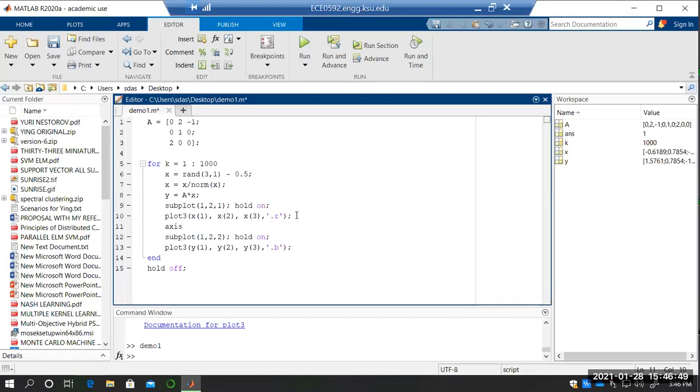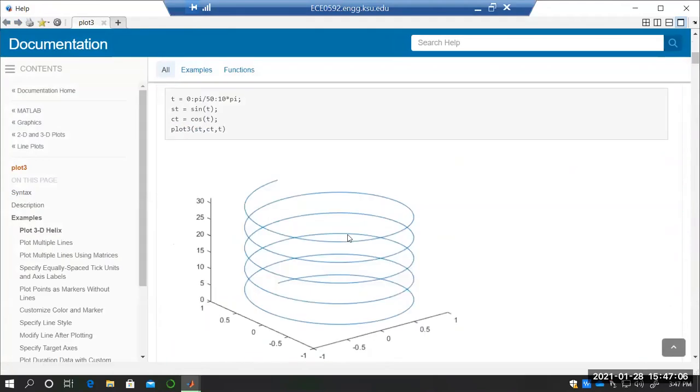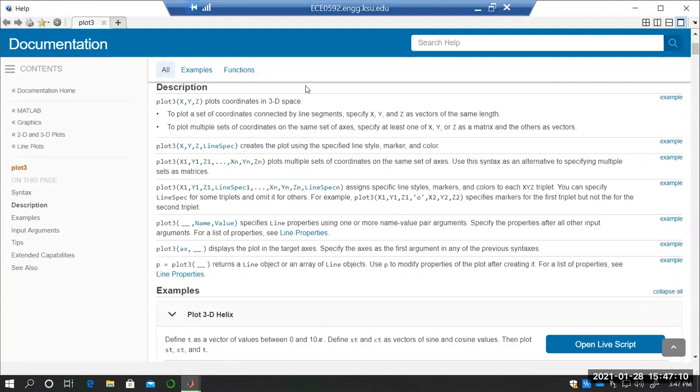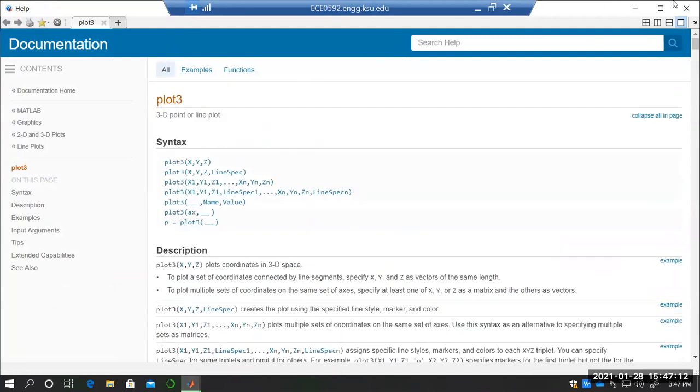I'm not so familiar with 3D plots; 2D plots I can work with. Now, what did plot3 give? This is what plot3 should give.